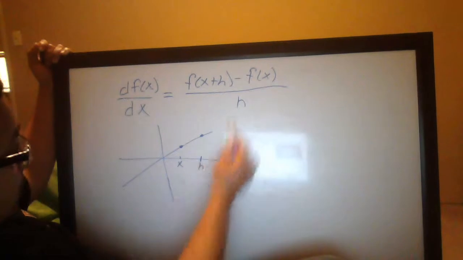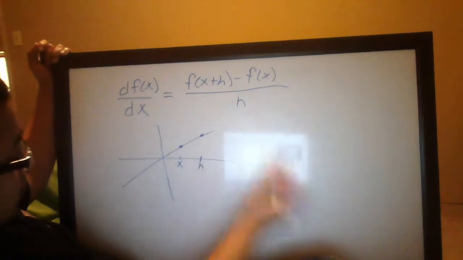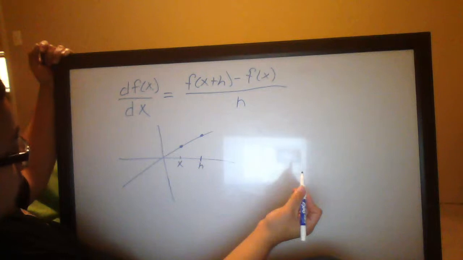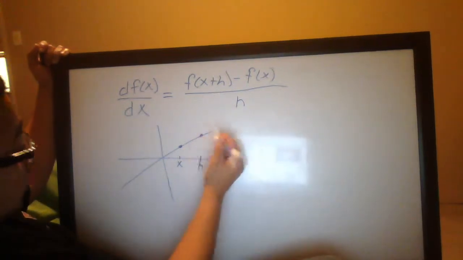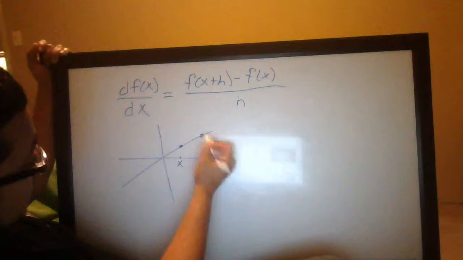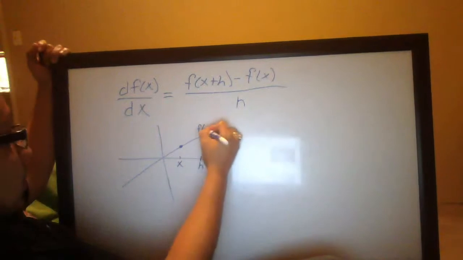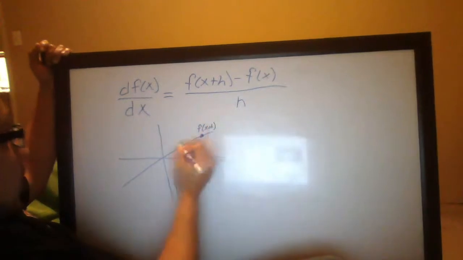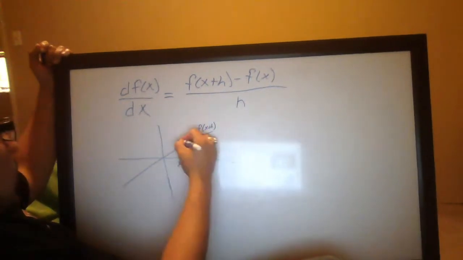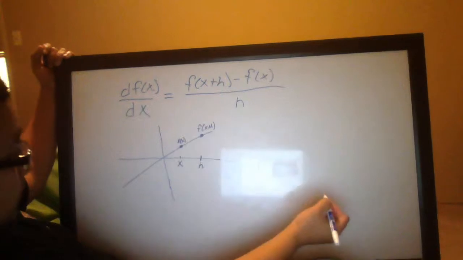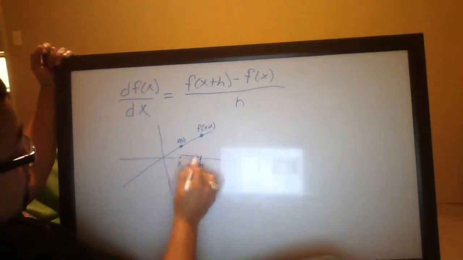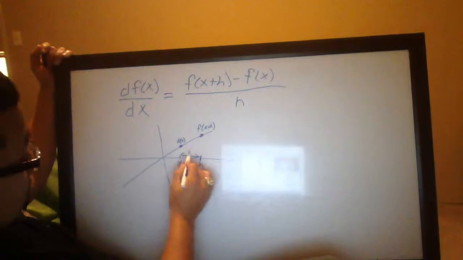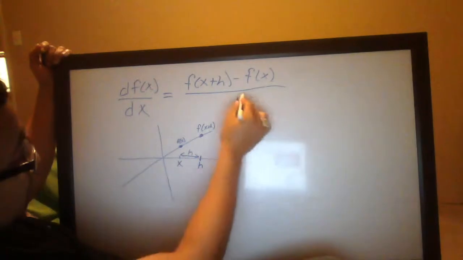So this point right here is f of x plus h, and this point is f at x. Now the distance between them from here to here is h, which is why we have h right here.